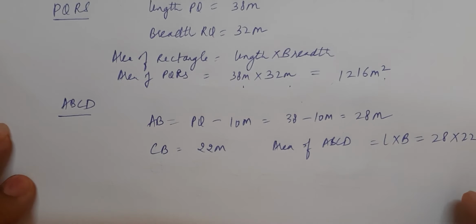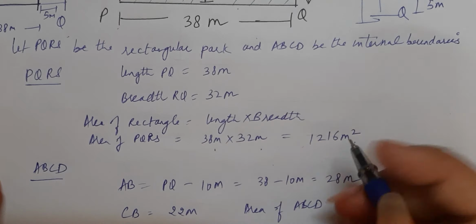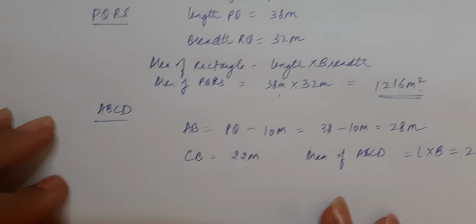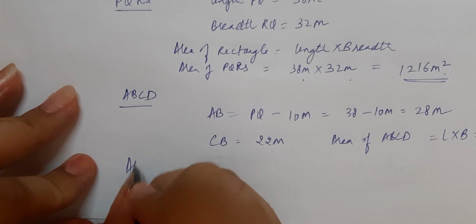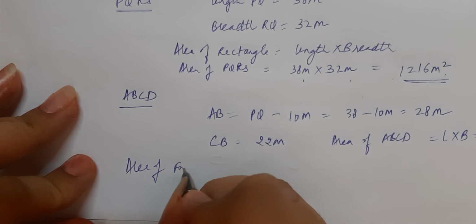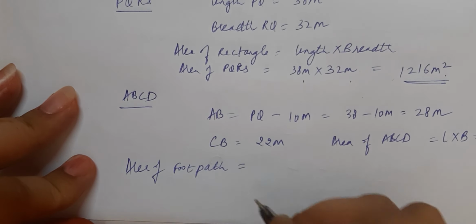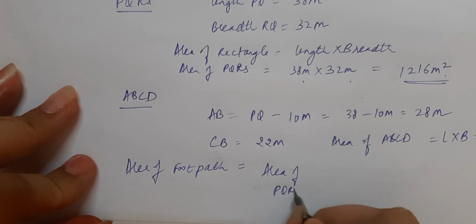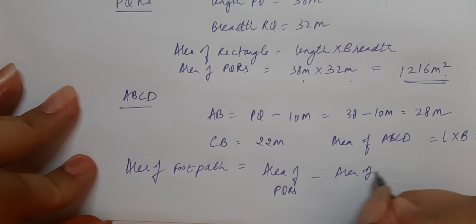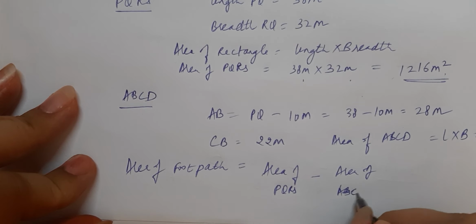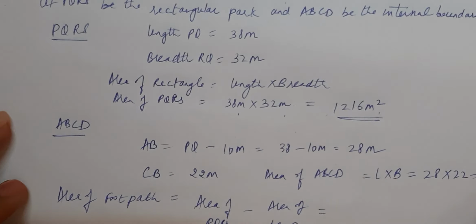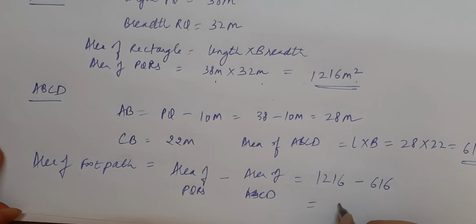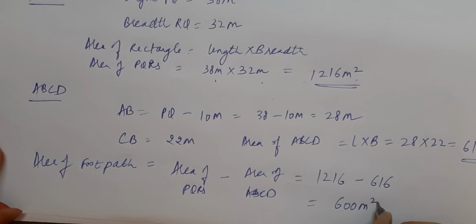Now I have the values here. I have area of PQRS as 1216 meter square, and ABCD as 616 meter square. As I have already discussed, to find the area of the footpath, I have to subtract these both. The area of ABCD will be subtracted from the area of PQRS, and therefore the answer will be 1216 minus 616, that is 600 meter square.